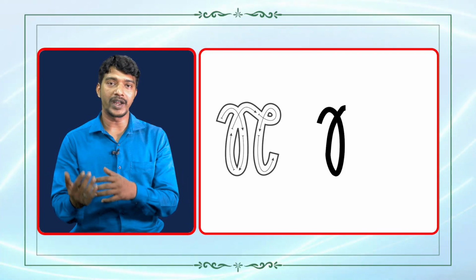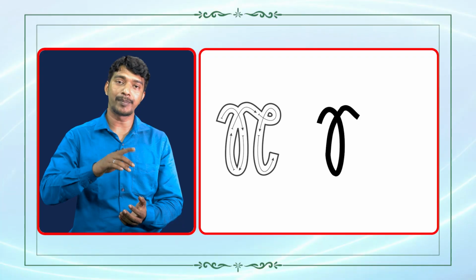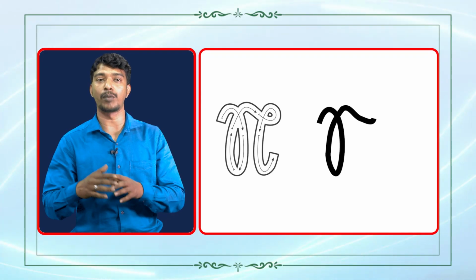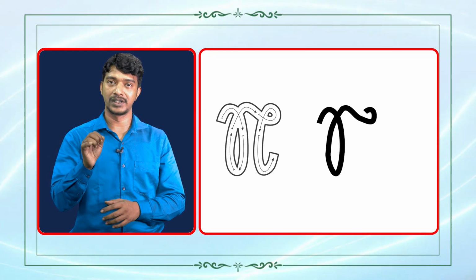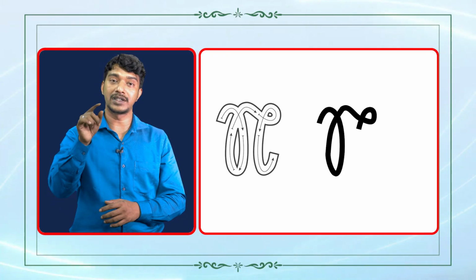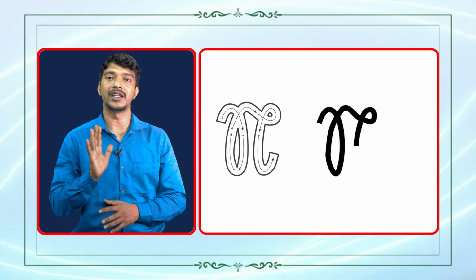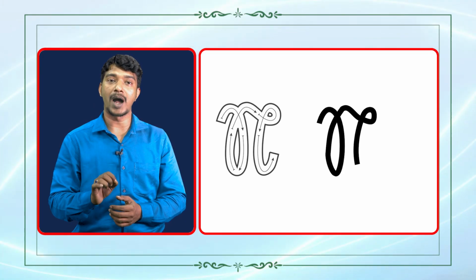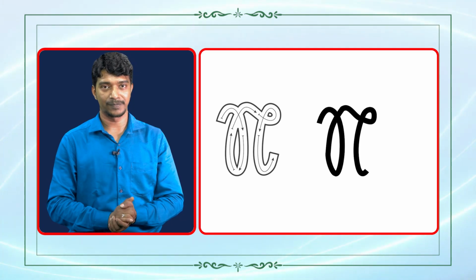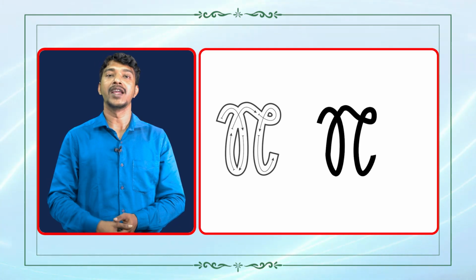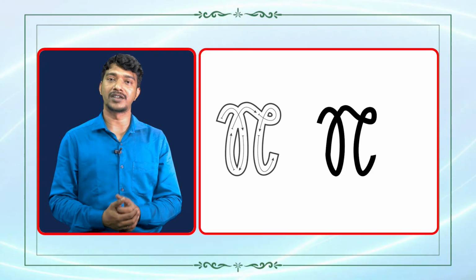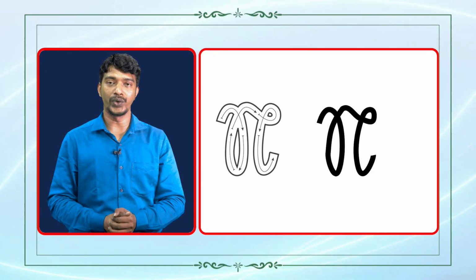Then draw a slanting line from left to right and bend from top right to left and continue downward to the bottom. Finally, draw a small curve upward without stopping. Okay? In this way, you can practice writing We perfectly.